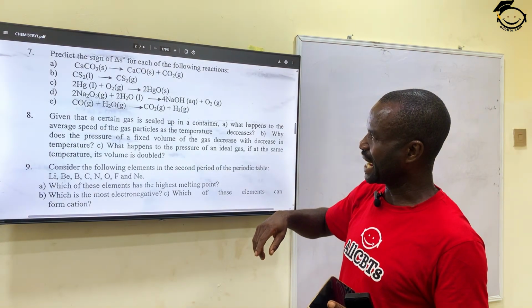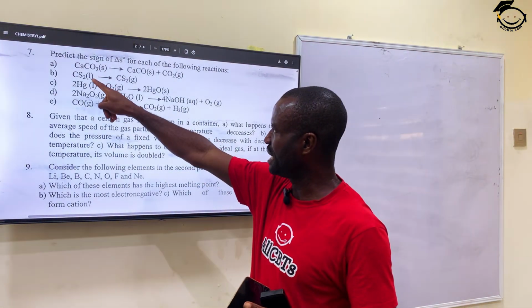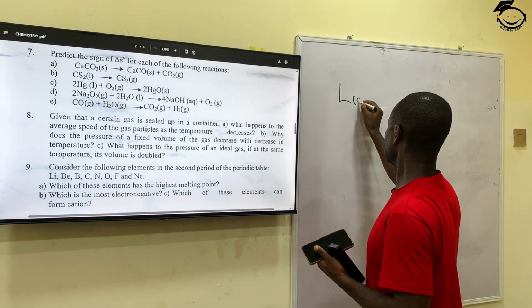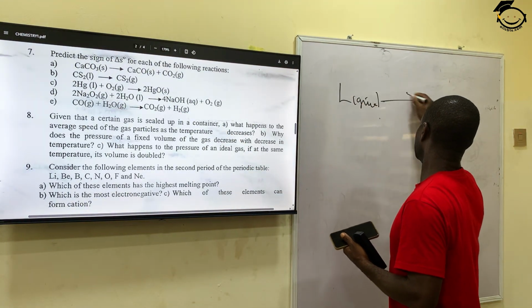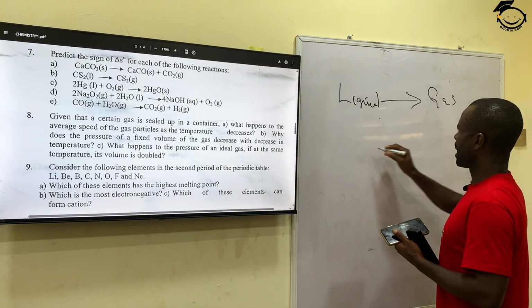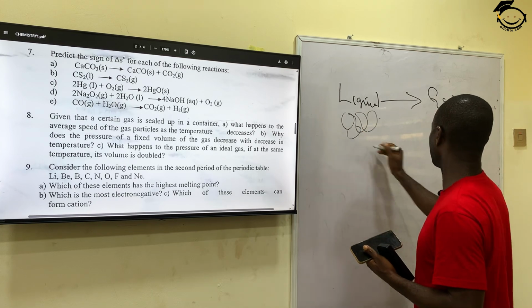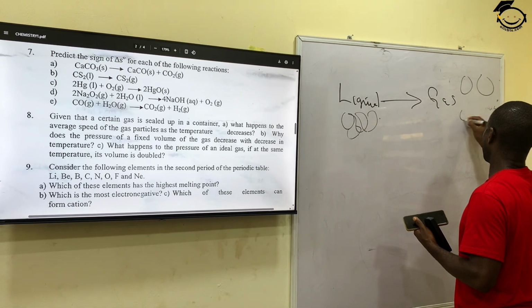Now, question 7B says carbon disulfide changes from liquid to gas. From liquid to gas, in the liquid the molecules are bonded together, but in the gas the molecules are more scattered.